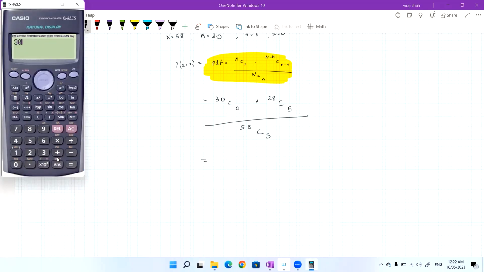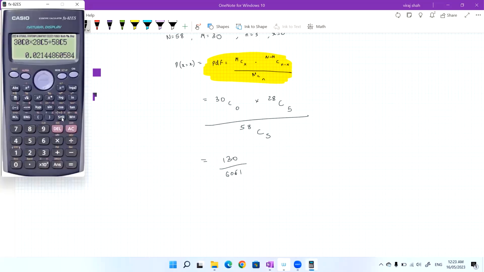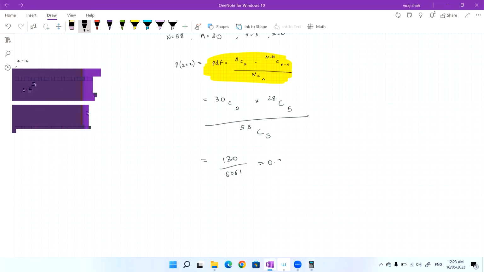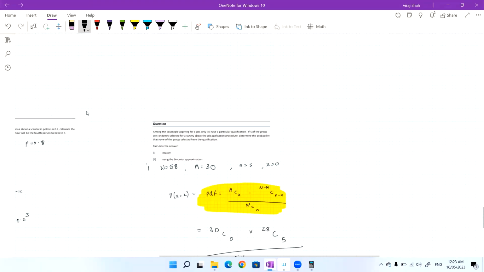It's 30C0 multiplied by 28C5 divided by 58C5. It comes out to be 130 by 6061. If you press SND, you'll get the exact value, which is 0.02144486. Okay, this was with respect to the exact value.